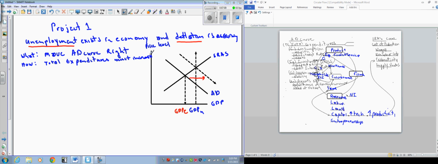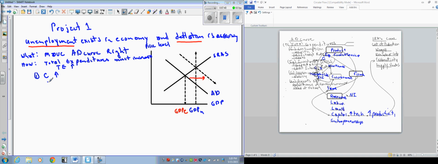Now, in order not to have to write all this out all the time, I'm going to use shorthand. Total expenditures increase. And then I don't have to write all the words out. Now, in order for total expenditures to increase, you notice the first thing is that consumption, and I'm just going to use C, must increase.